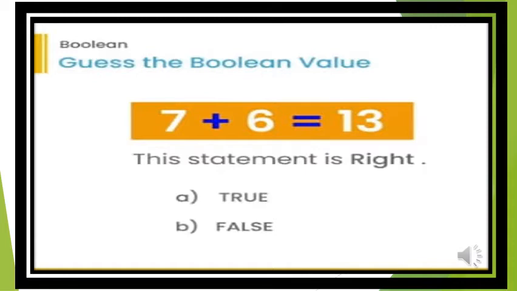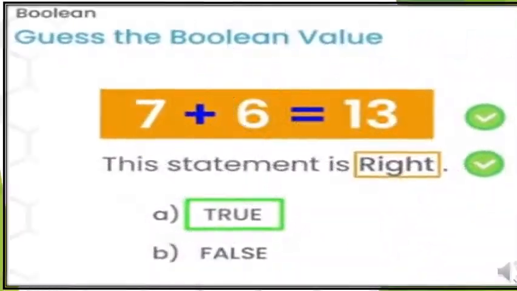The second statement tells whether the given mathematical statement is true or false. So let's calculate 7 plus 6 equals to 13. The correct answer is 13. So it is the right one, so the Boolean value is true. The given mathematical statement is also true. So here 7 plus 6 equals to 13, the given statement is right and the Boolean value is also true.